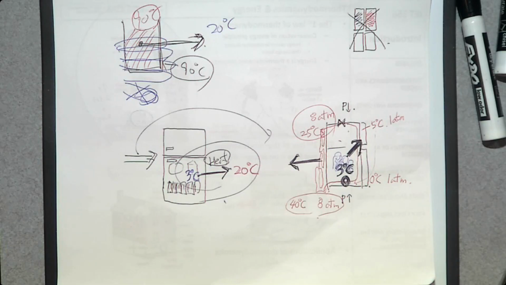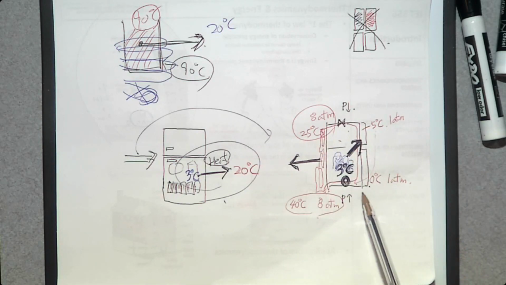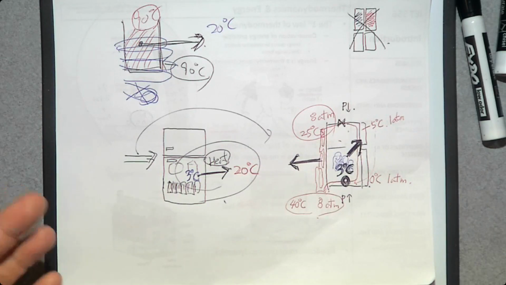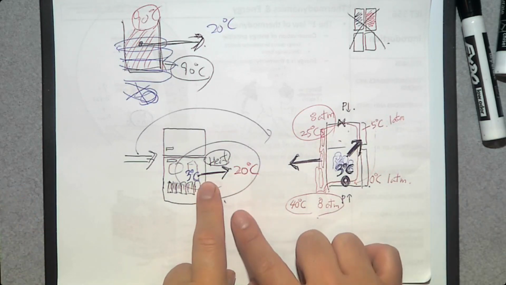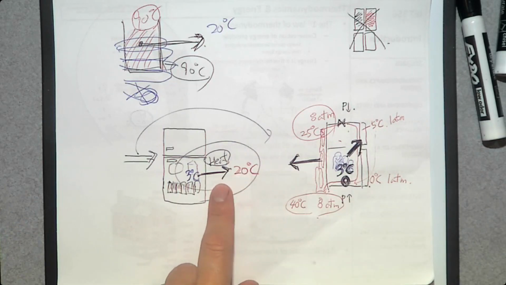Then, when you decrease pressure, the temperature goes down from 25 to -5 and then goes into the refrigerator so it can absorb heat from the food inside. So overall, it looks like heat transfer from 3 degrees Celsius to 20 degrees Celsius, which looks like violating the second law. In reality, it is not.